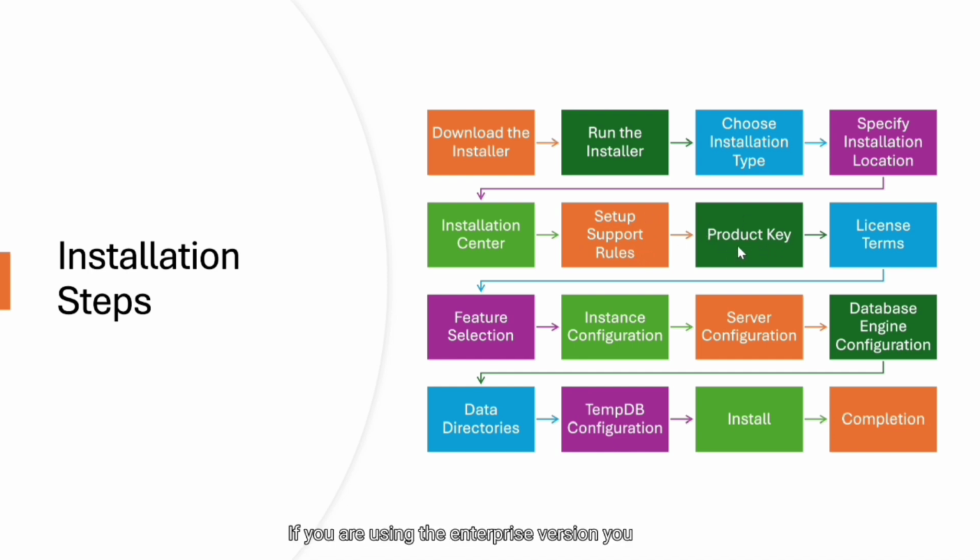If you are using the enterprise version, you need to enter the product key. As of now, I'm using the community free edition, so without entering the product key, I'll just go to the next slide. So here we need to accept the terms and conditions.